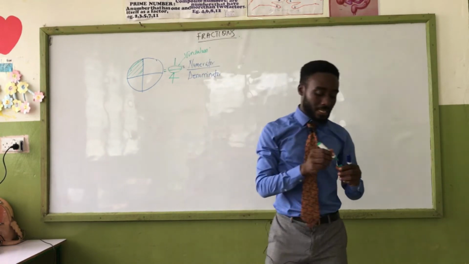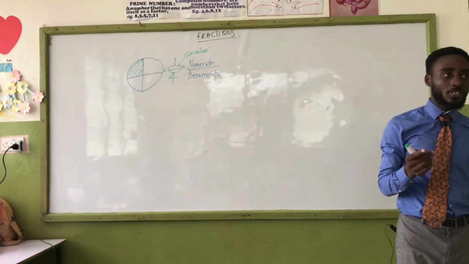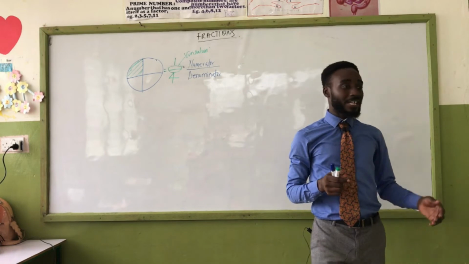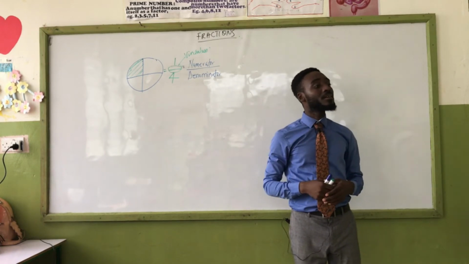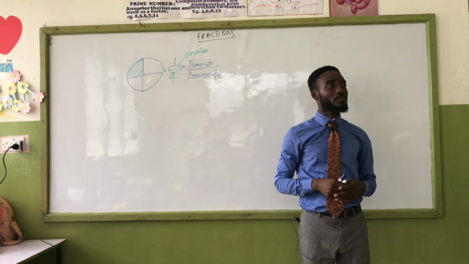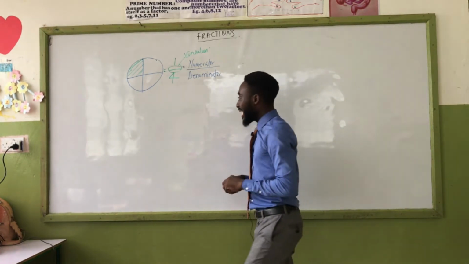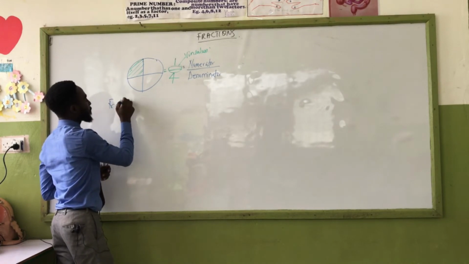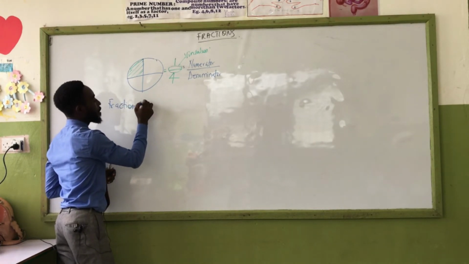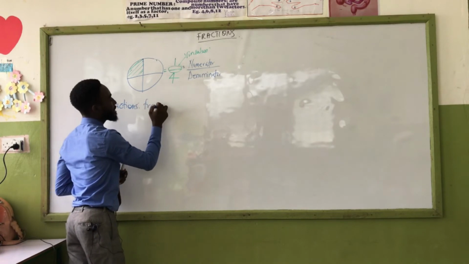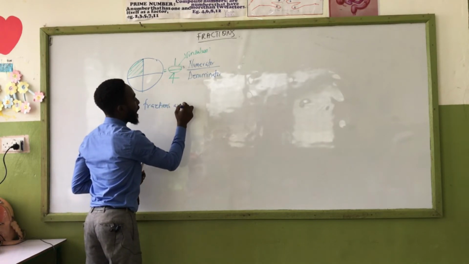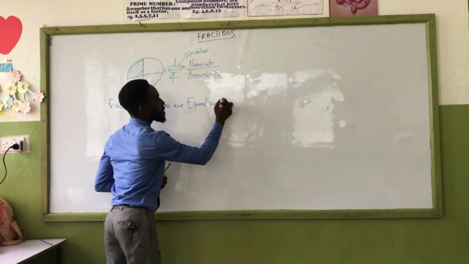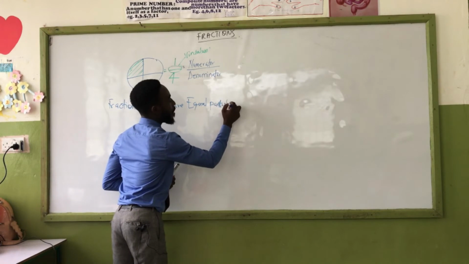So basically, that's how fractions are. And how then do we define fractions? Please take your seats. How then do we define fractions? Fractions are equal parts of a whole.